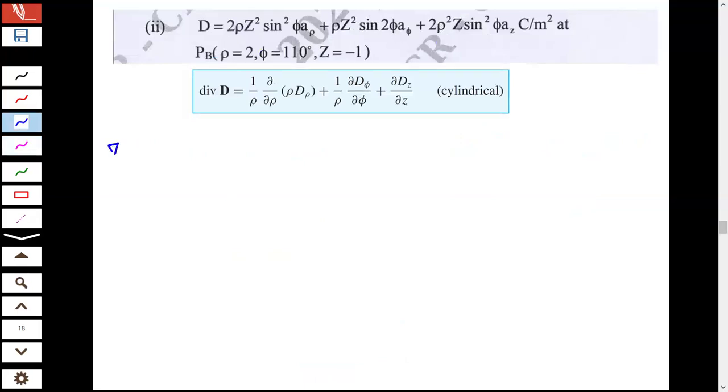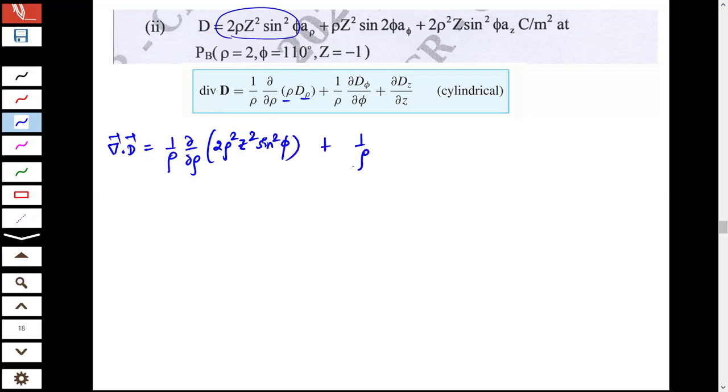Next, we can do it for the cylindrical system. Let us find the divergence of D given by this formula. Here, the first term is 1 by rho, dou by dou rho of rho multiplied with the rho component. The rho component is 2 rho z square sine square phi. Already you have one rho in the formula, so multiplying that will give 2 rho square z square sine square phi.